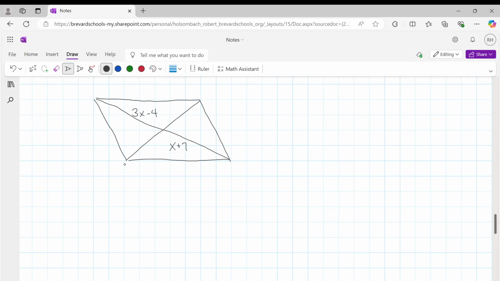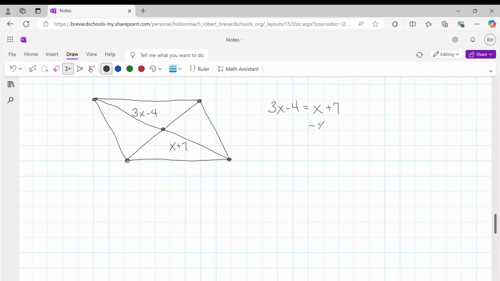If it's a parallelogram, a segment that joins non-consecutive vertices is a diagonal. So both of these diagonals intersect right here in the middle. But you know by rule that they bisect each other. So the 3x minus 4 is equal to the x plus 7.